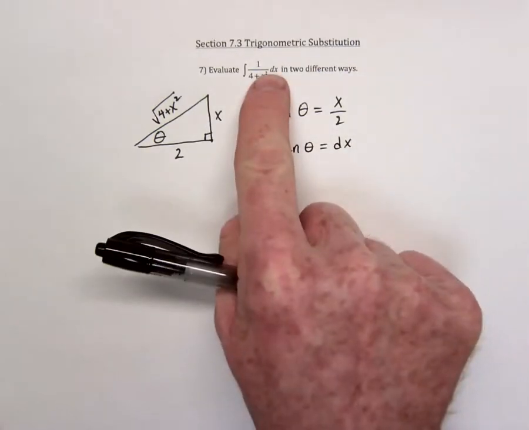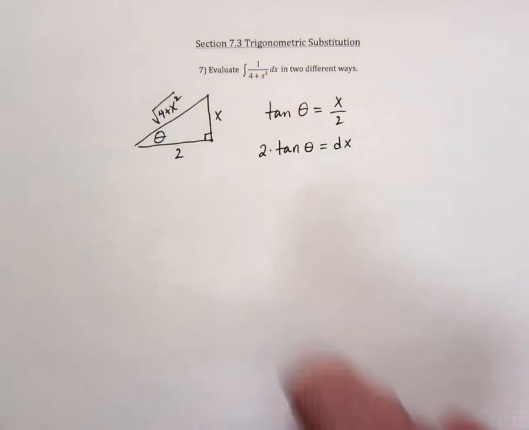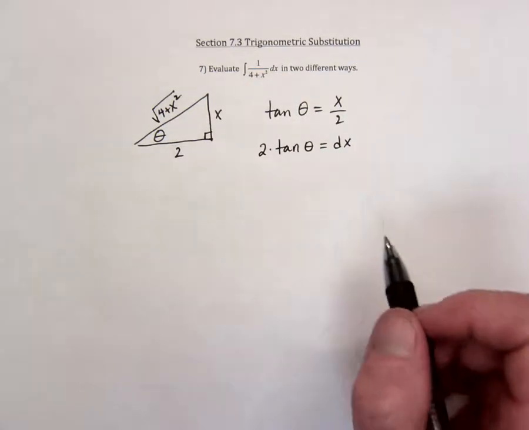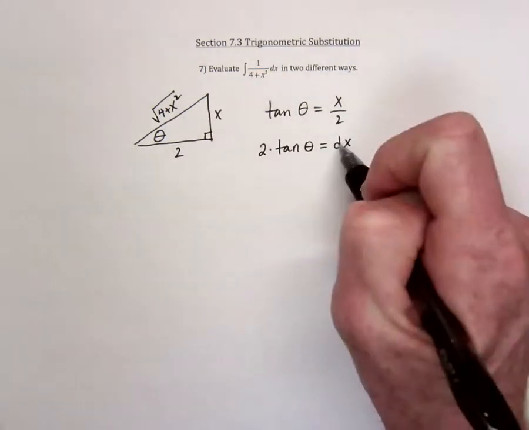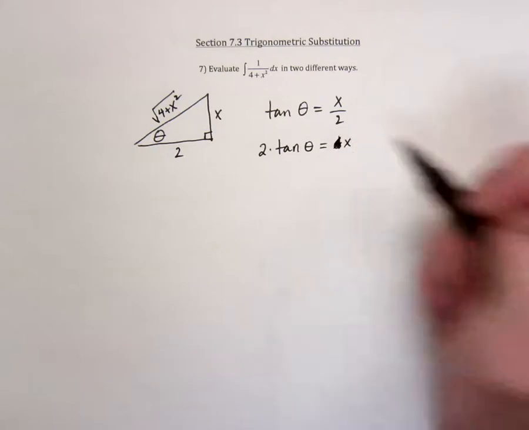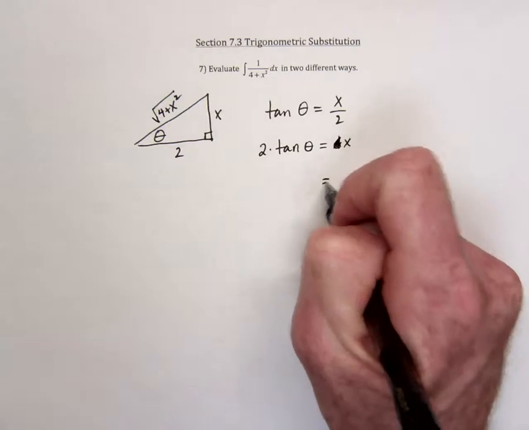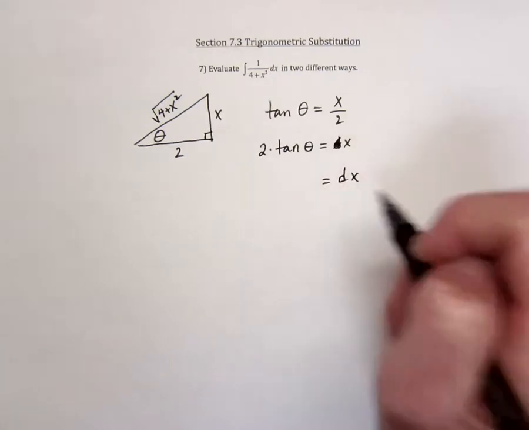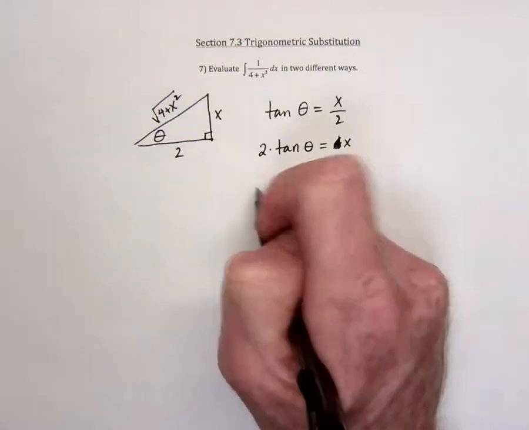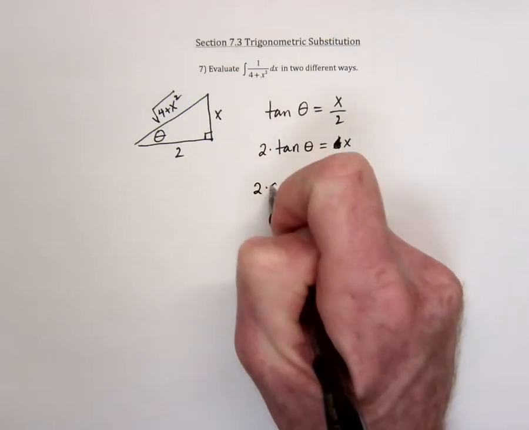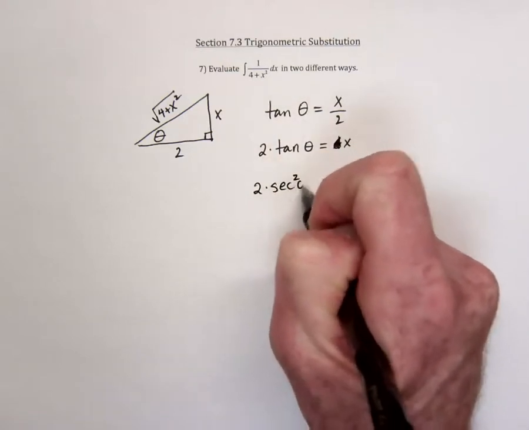And according to this, we need to know what dx is equal to. Oops, I jumped ahead. Excuse me. Now we need to find out what dx is equal to. So take the derivative, and the derivative of tangent is secant squared.